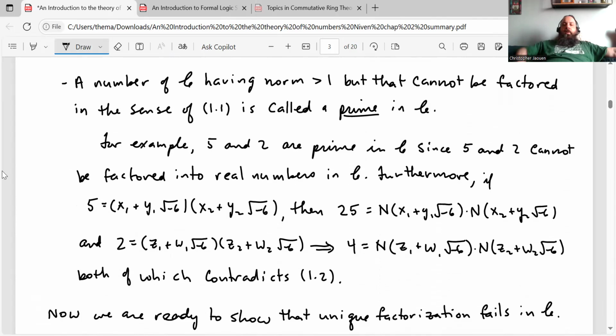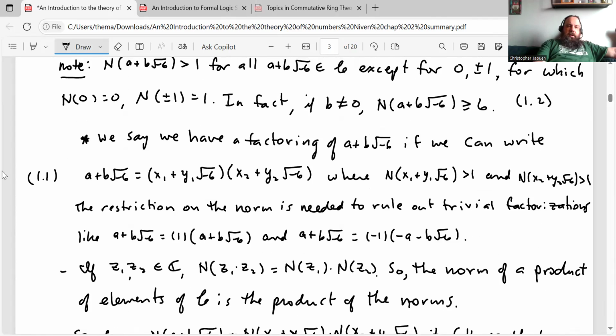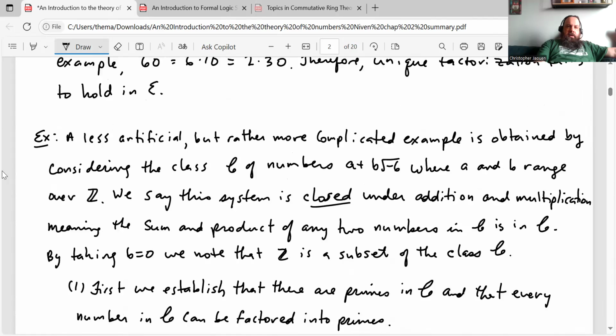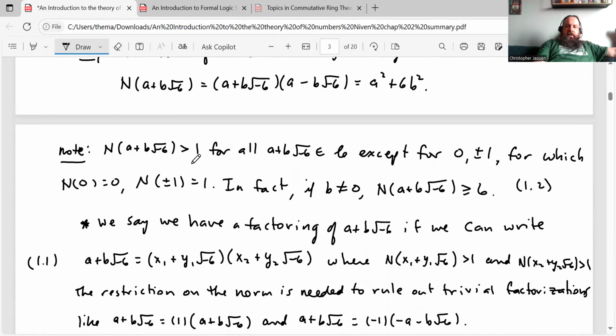For example, 5 and 2 are prime in G, since 5 and 2 cannot be factored into real numbers in G. Furthermore, if 5 is a product of numbers with complex terms in them in G, then the product of the norms of the factors is 25, and the same for 2, the product of the norms of the factors is 4, but that contradicts 1.2. 1.2 is referring to this fact here, that the norms have to be greater than 1, or if b is not 0, greater than or equal to 6.